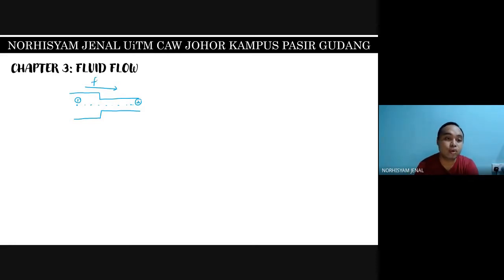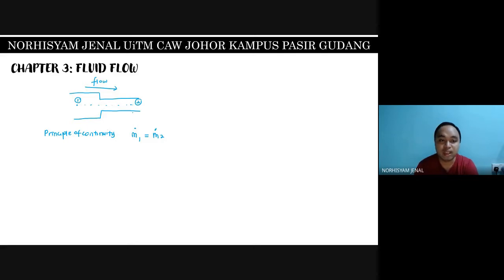What happened here is the idea of what we call the principle of continuity. It is telling us that whatever mass flow rate we have at point number 1 should equal the mass flow rate at point number 2, meaning whatever liquid mass we have over here must be transferred to this side with the same amount.